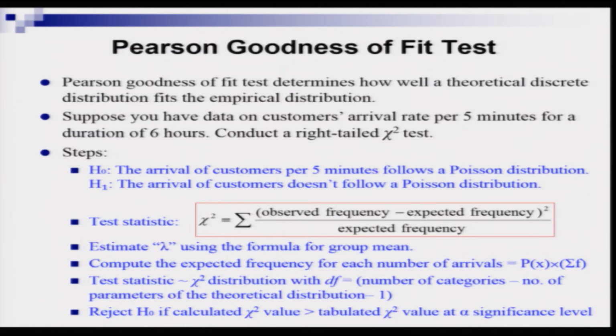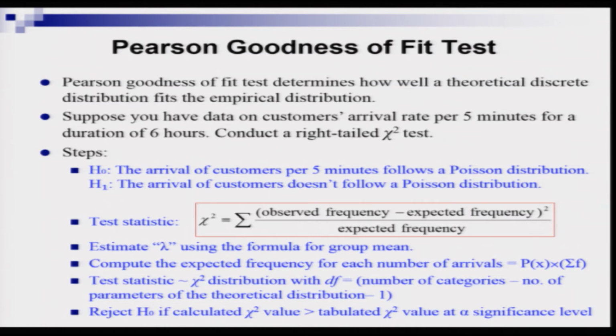If you have intervals of x's, then you count how many intervals you have, or if you just have discrete numbers like 0, 1, 2, 3, then you count how many numbers you have, and then you have to subtract the number of parameters of the theoretical distribution that you are fitting, minus 1. So, here in this case, as you are trying to fit a Poisson, and Poisson has only one parameter lambda, it will be number of categories minus 2, that is going to be the degrees of freedom.